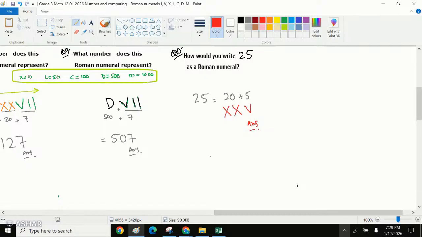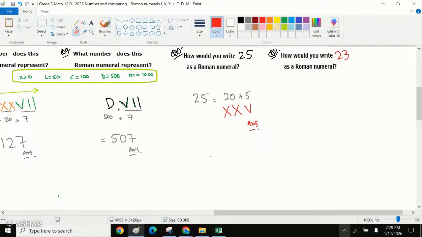Very easy. The next one, I'm just trying to make a difficult question so that we have enough practice. How can you write 23 as a Roman numeral?